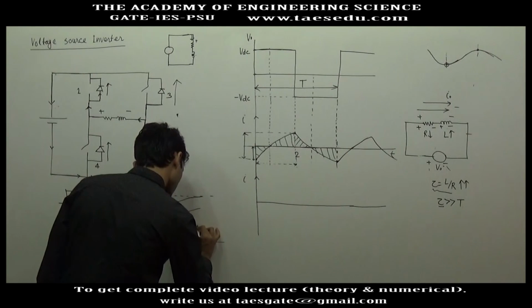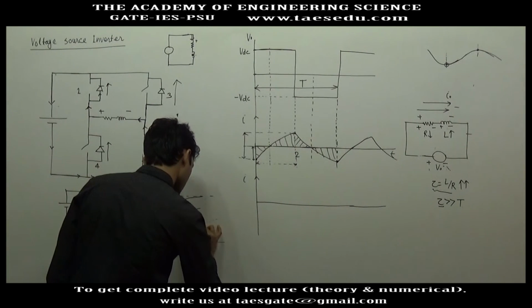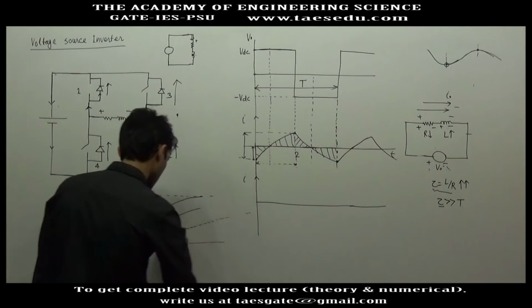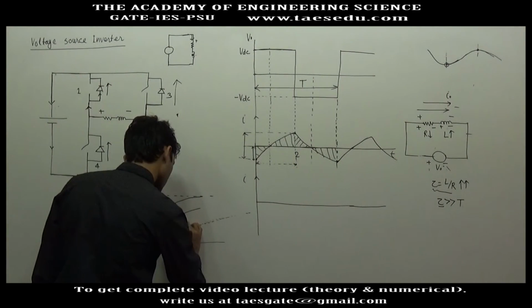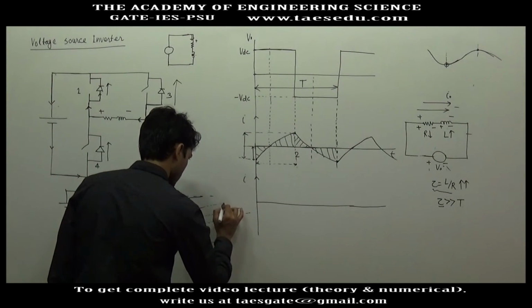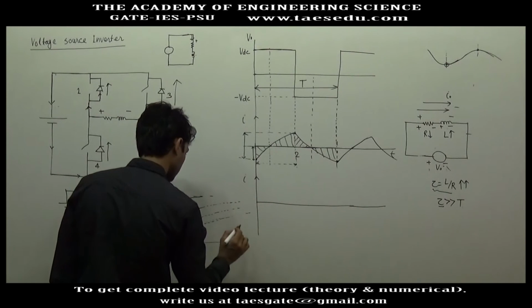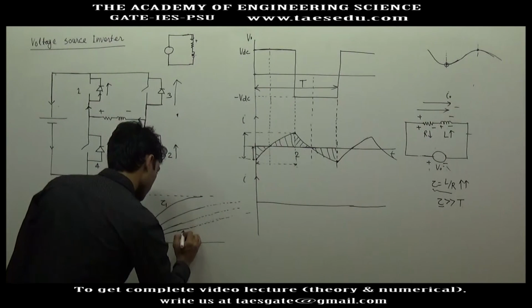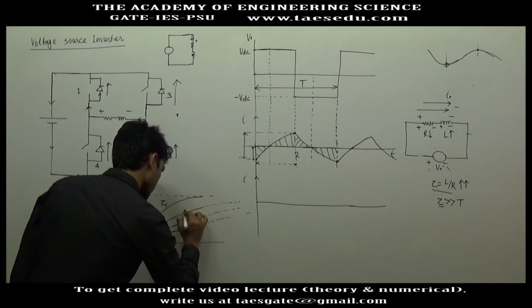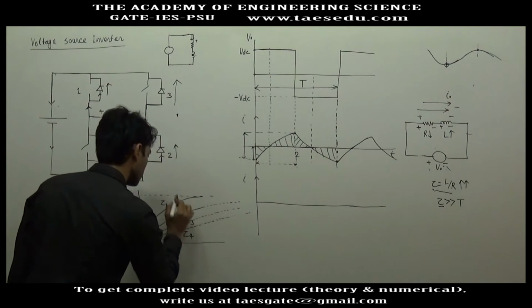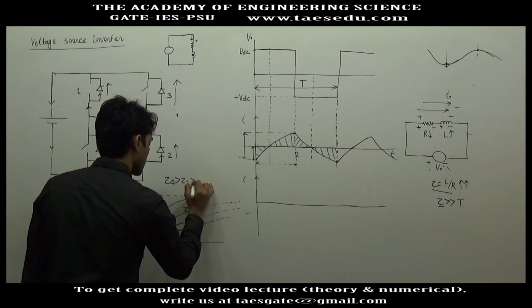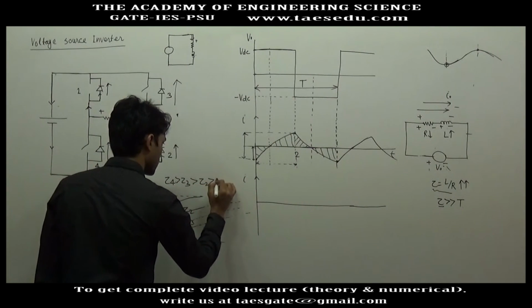I'm not saying that the final value will be less than V by R, but the time taken in the later case will be highest. All the graphs will finally reach V by R. Let's say this is tau 4, this is tau 3, this is tau 2, and tau 4 is greater than tau 3 is greater than tau 2 is greater than tau 1.